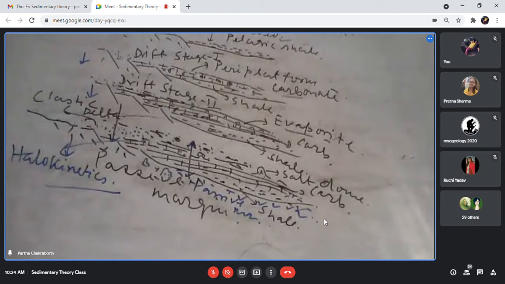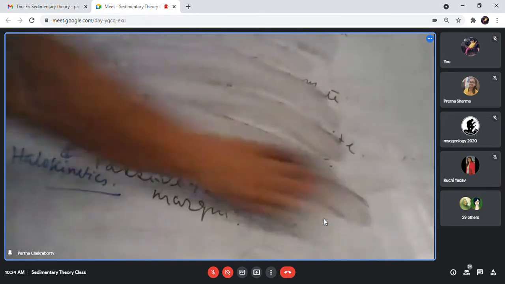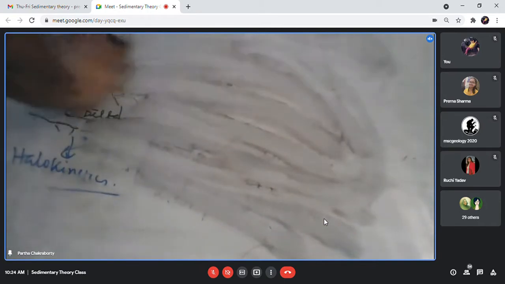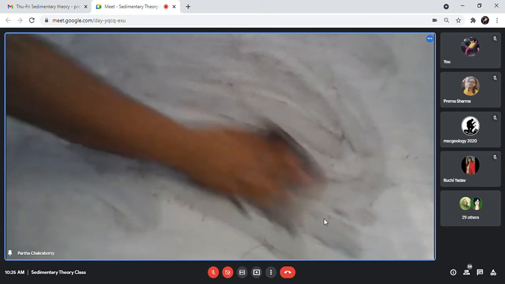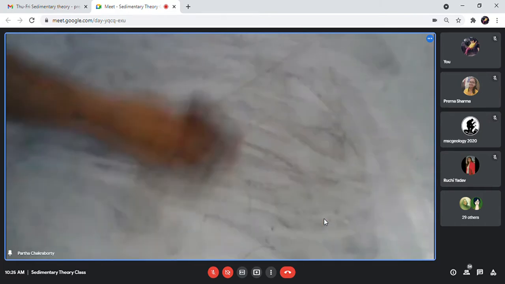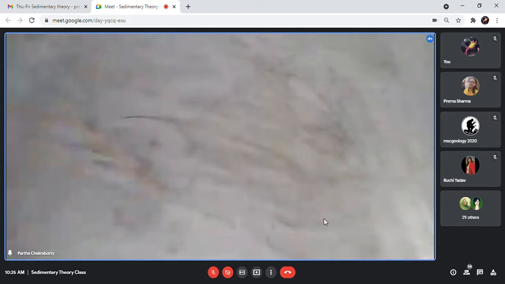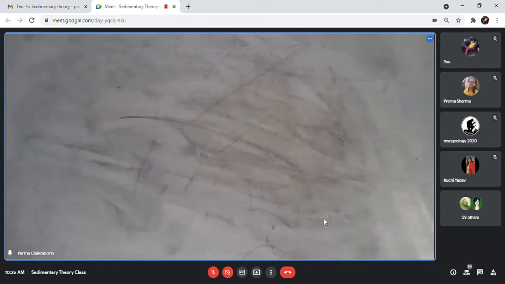In the compressional margin, we know it is actually the arc trench system where the subduction is going on.